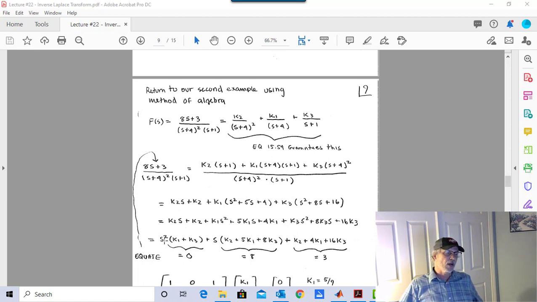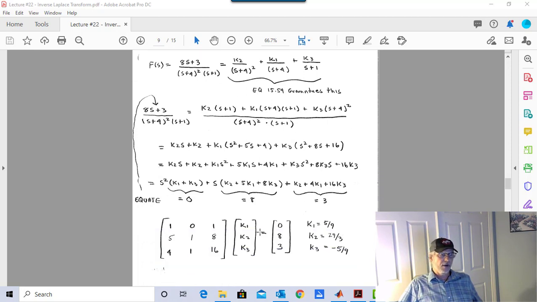And here we go. S squared, I don't see any s squared terms here, so the s squared terms over here better add up to 0. My s terms add up to 8. My s to the 0 terms add up to 3.